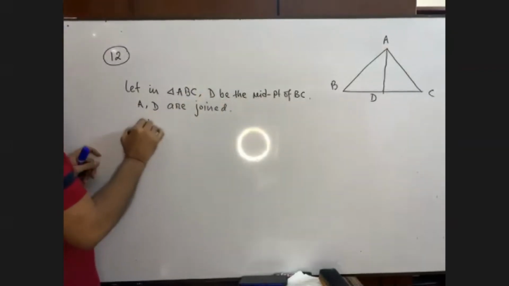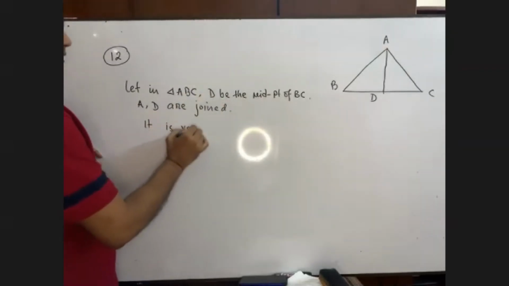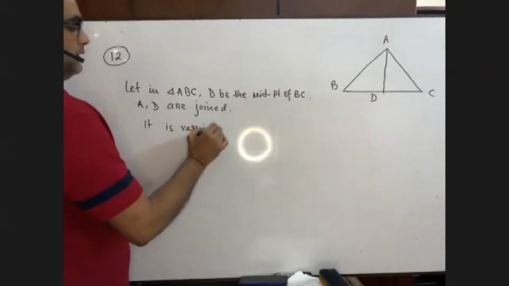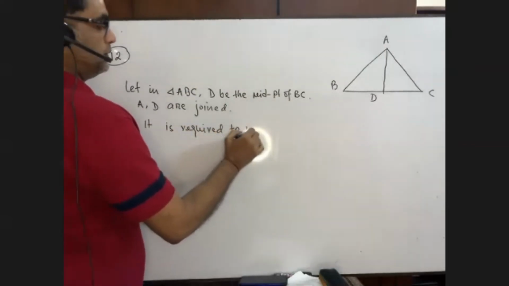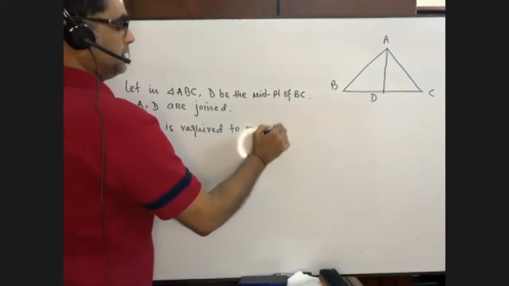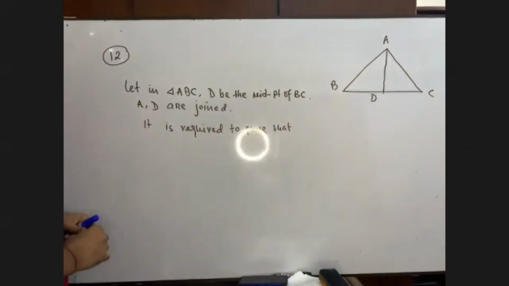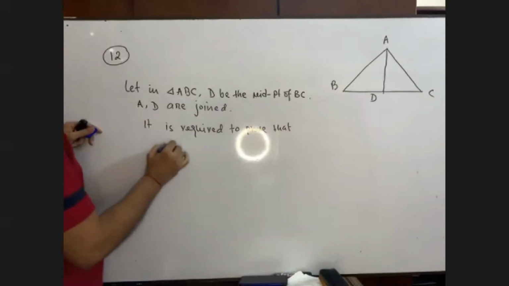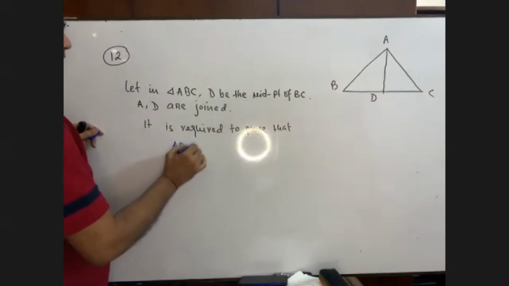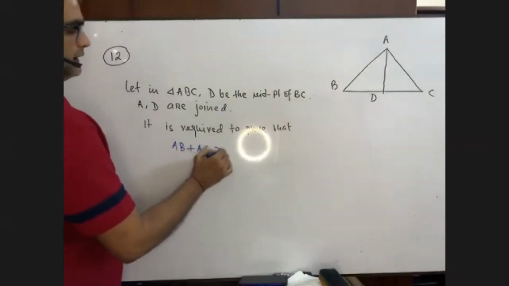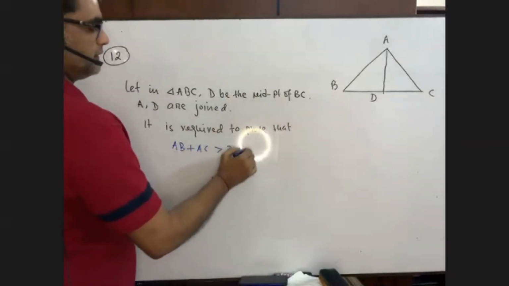It is required to prove that AB plus AC is greater than twice AD.